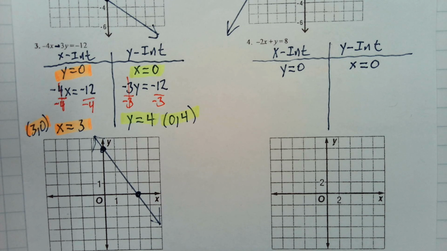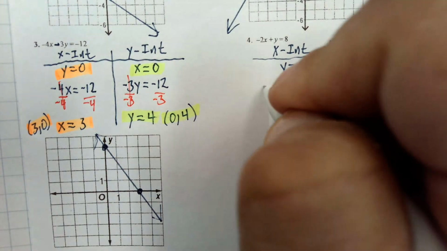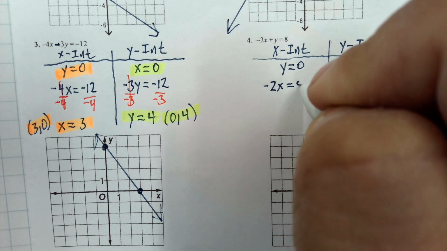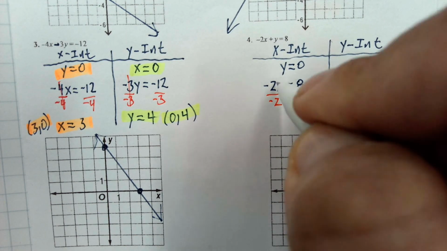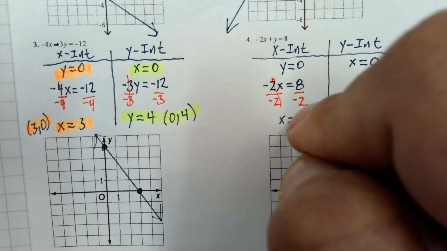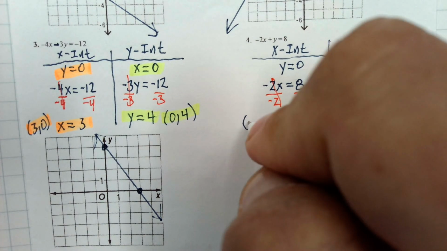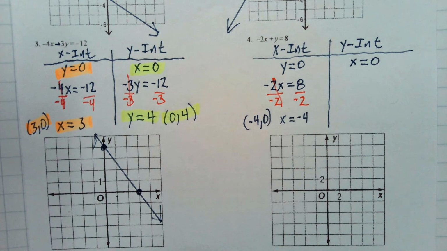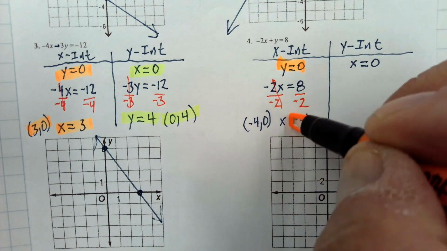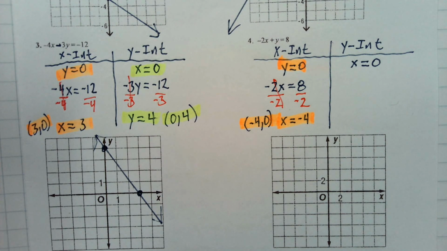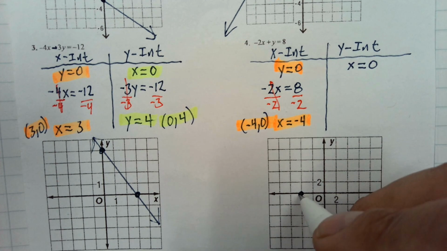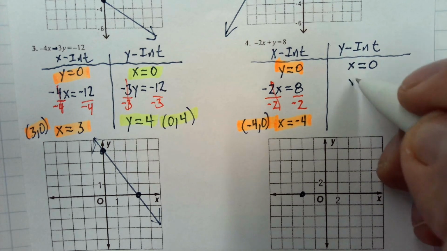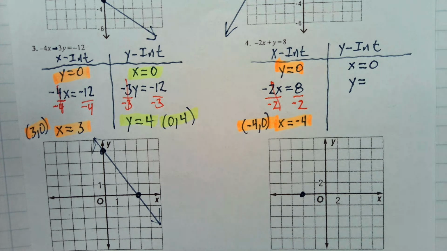Okay, do the same process we just did. And if you're doing things correctly, finding the Y-intercept part is going to be super easy.